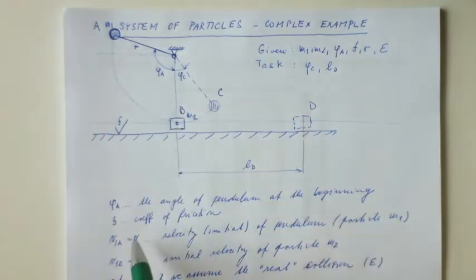So the initial velocity of both particles is 0.